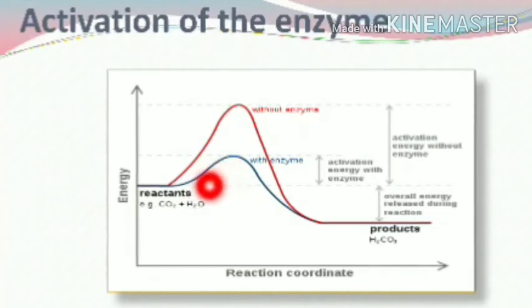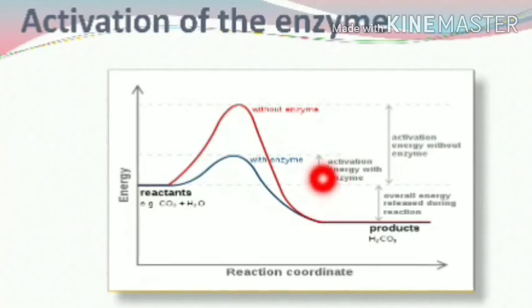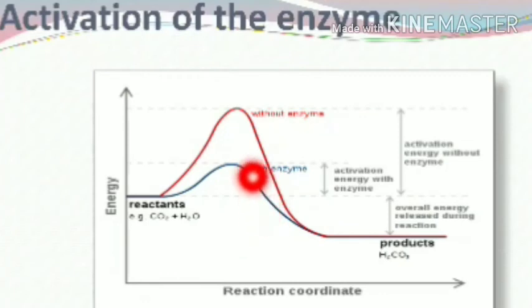In the case of the reaction with enzyme, the activation energy is very low, while in the case of the red color peak, the activation energy needed is very high.